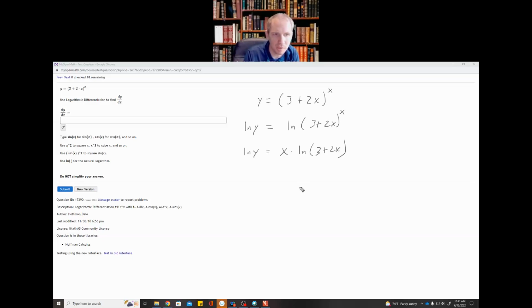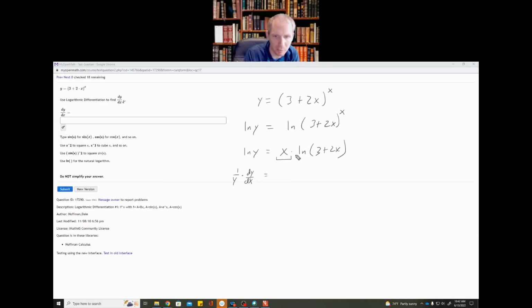And now what we can do is take the derivative of both sides. When I differentiate natural log of y, I get 1 over y times the derivative of my inside function. The derivative of y is dy dx, because I want to find the derivative with respect to x. X is my variable, not y. So here I'm doing implicit differentiation.